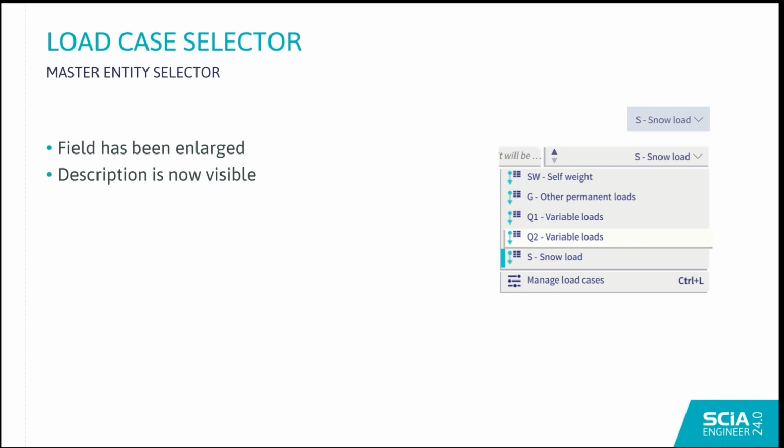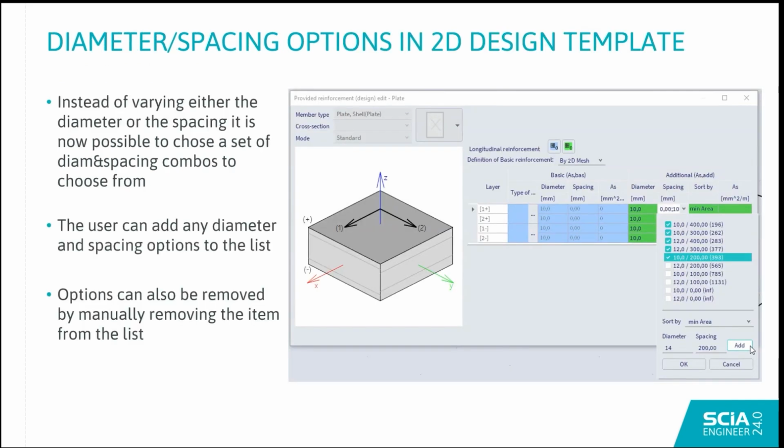The fourth option was an option for 2D concrete design, where in the template previously it was possible to vary over a diameter for finding a solution or vary over spacing, but not to select some specific sets of diameter and spacing combinations. That is exactly what we have now developed.